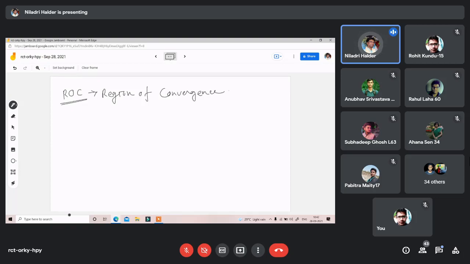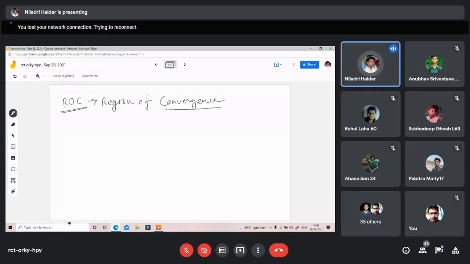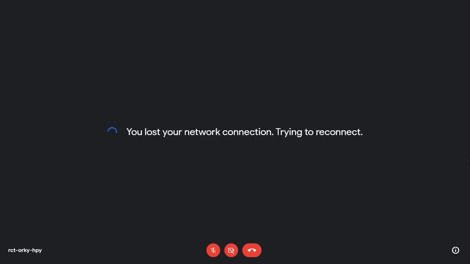Region of convergence means you will have some region or area where all the values of Z will converge. Means all the values of Z can be calculated and you can get some result within that range. That is called the region of convergence, ROC. And that ROC you will get over the Z.